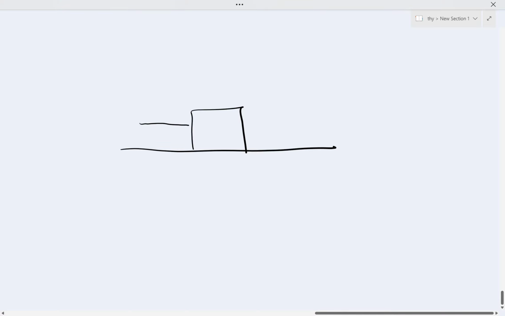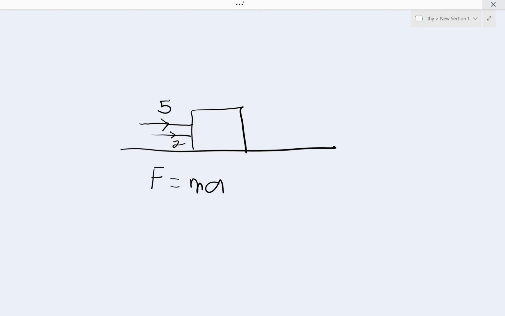What do I do then if I had a 5 Newton force and say a 2 Newton force? Let's start with a 2 Newton force acting in the same direction. So this is where it's important to understand what the F in F equals ma stands for. The F does not just stand for one of the forces.